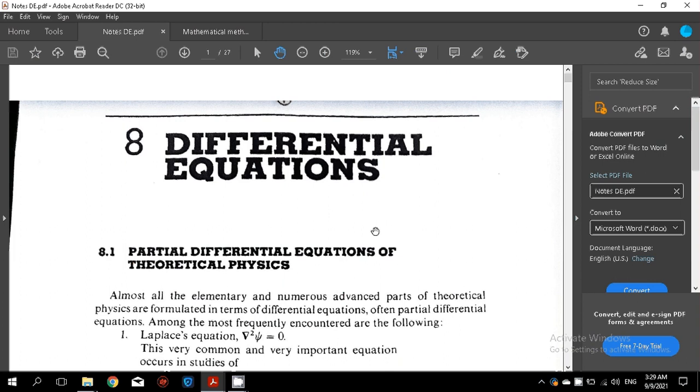Well, this page will explain why differential equations are so important. It is the fact that whenever we take up any topic of physics and we apply physics on that topic, we will see that at the end we have a differential equation, particularly a partial differential equation of second order.